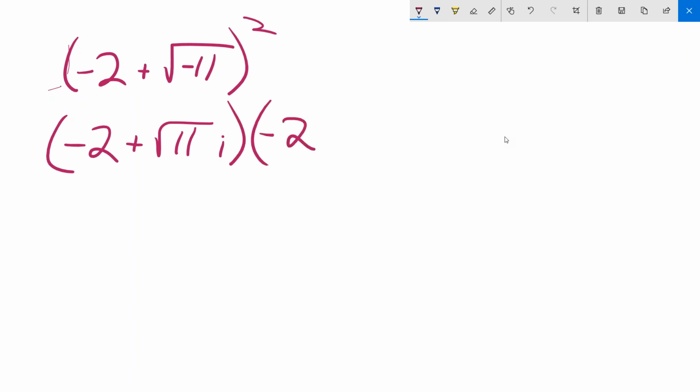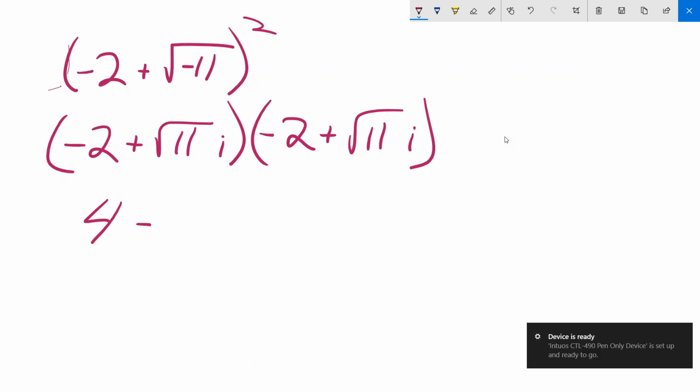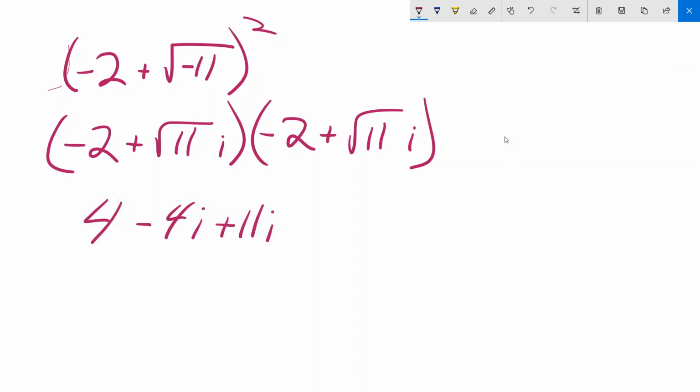And then FOIL it again. When I finished foiling, I got 4 minus 4 root 11i plus 11i. Didn't you get 11i squared? Yeah, that's what I meant.